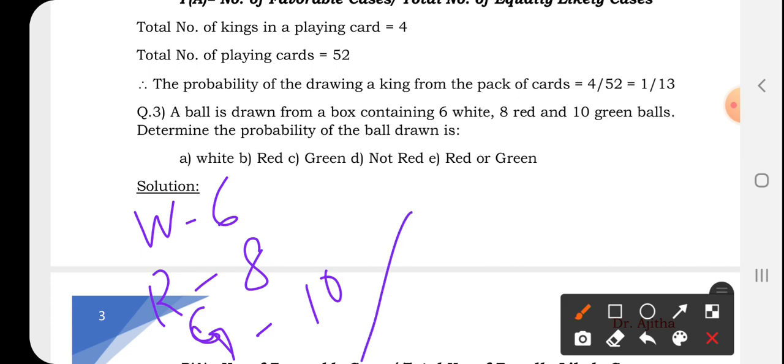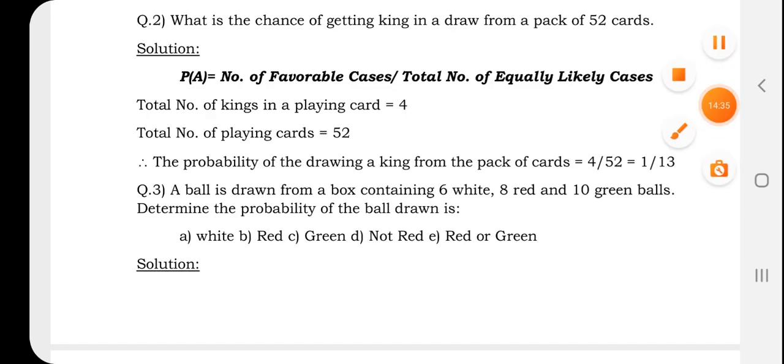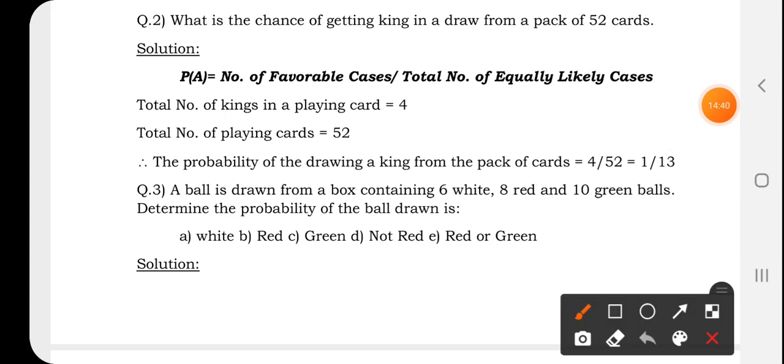So total, you can see, is 24. Okay, total is 24.